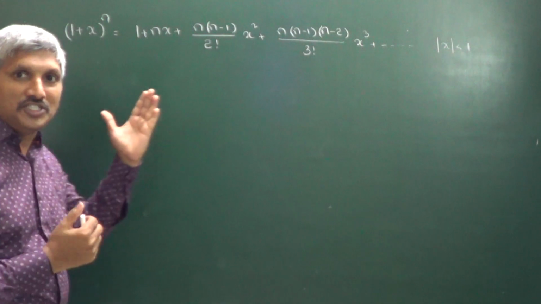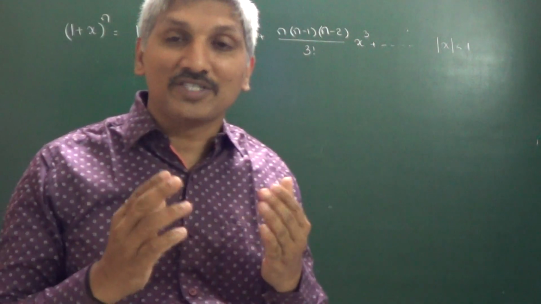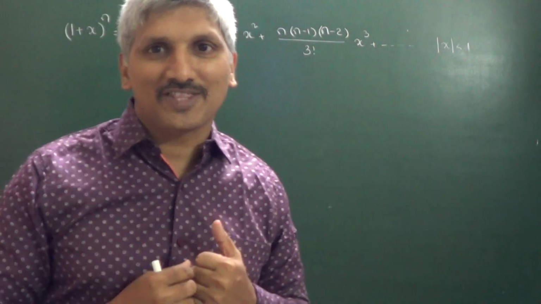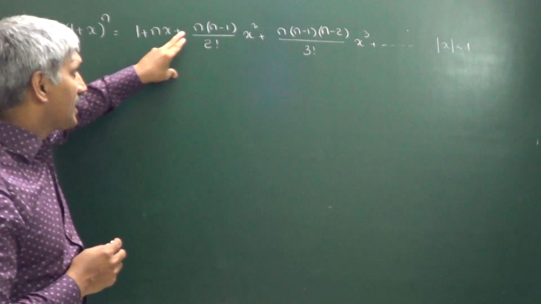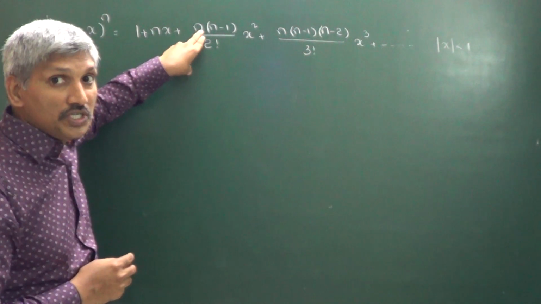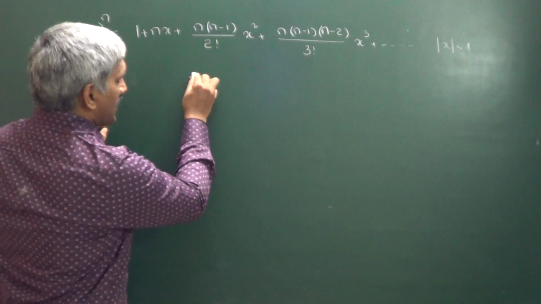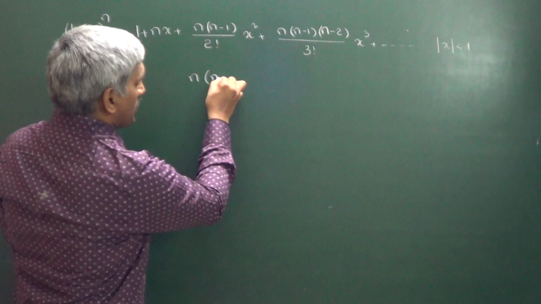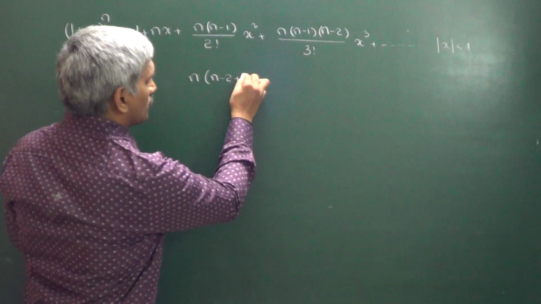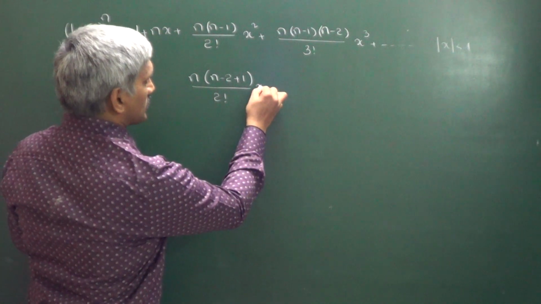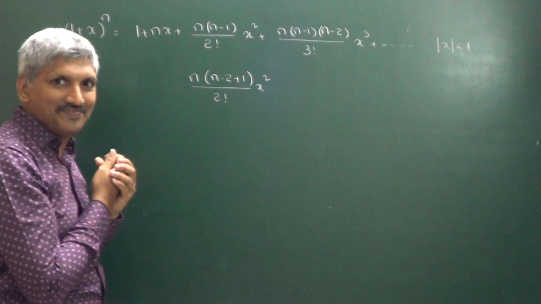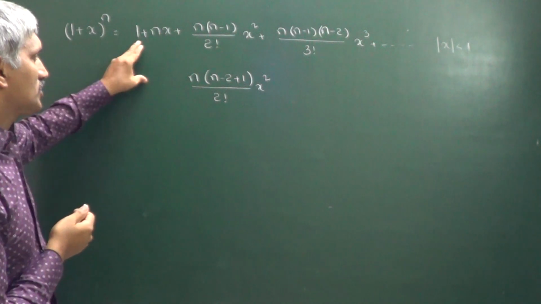But what is the general term in this expansion? That means, what is the (r+1)th term in this expansion? Observe, this is the first term. The second term is nx. Then n(n-1)/2! x² is the third term. Next, the fourth term is n(n-1)(n-3+1)/3! x³.